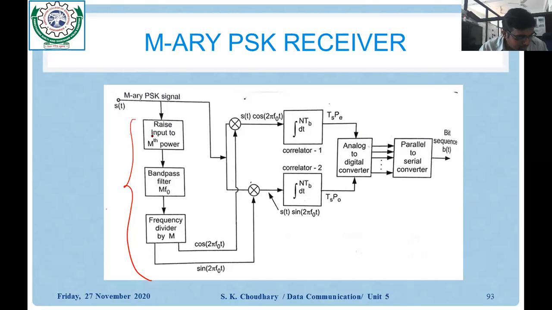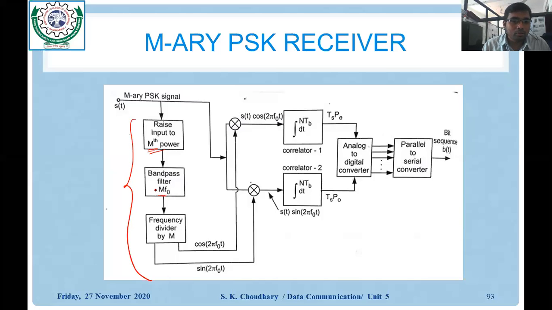First of all, there is this carrier recovery circuit, where the signal is raised to the Mth power. Then it is passed through a band pass filter that is tuned to the frequency M F0, and this band pass filter would only pass the signal having M F0 frequency, and the rest of the signal would be rejected, as well as the DC component.